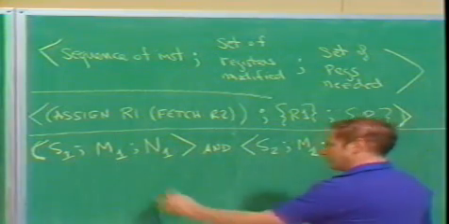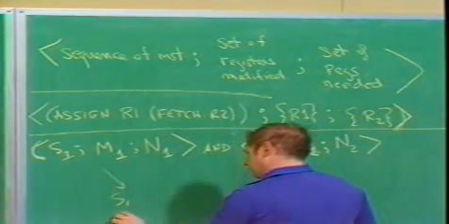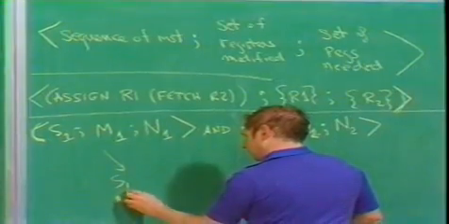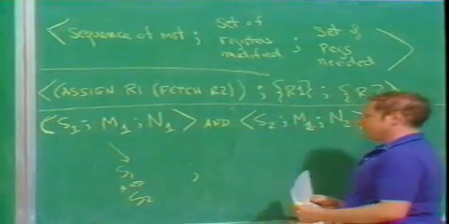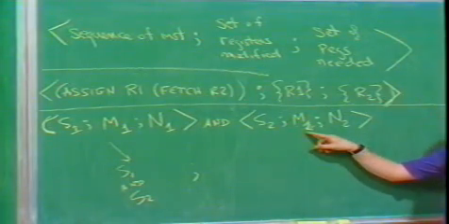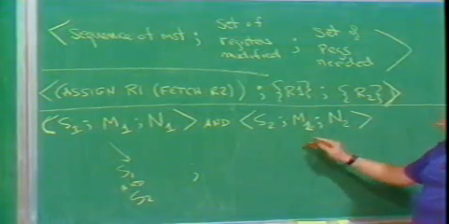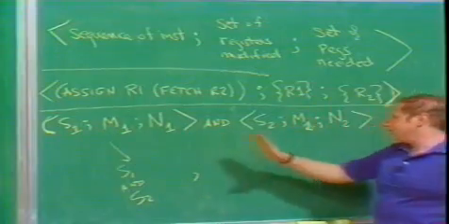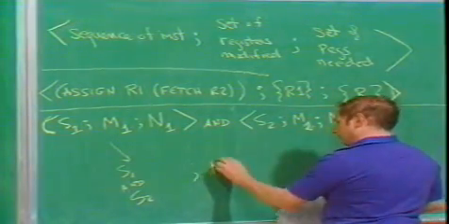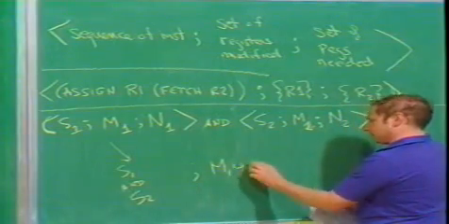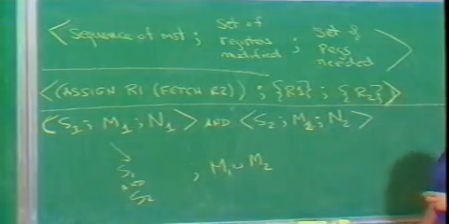The new code fragment, sequence 1 followed by sequence 2, what's it going to modify? The things modified by either sequence 1 or sequence 2. So the union of these two sets is what the new thing modifies.